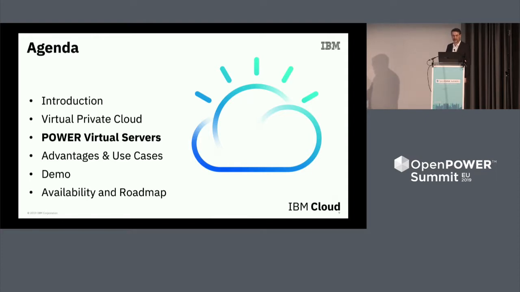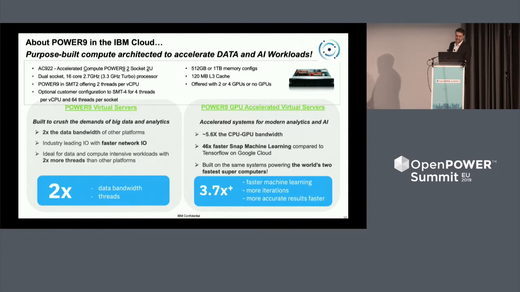Here we're on to now the Power virtual servers in the cloud. This is purpose-built compute architecture to accelerate data and AI workloads. There's a bit more detail on this slide about the dual core, and that they're going to be running in SMT2 mode initially. So you provision your virtual machine, and it's got 2 threads per vCPU.